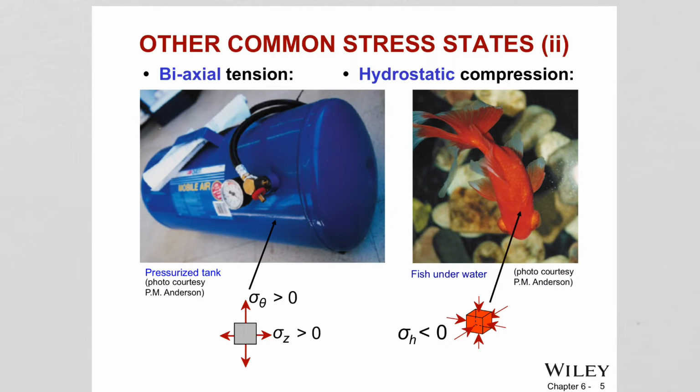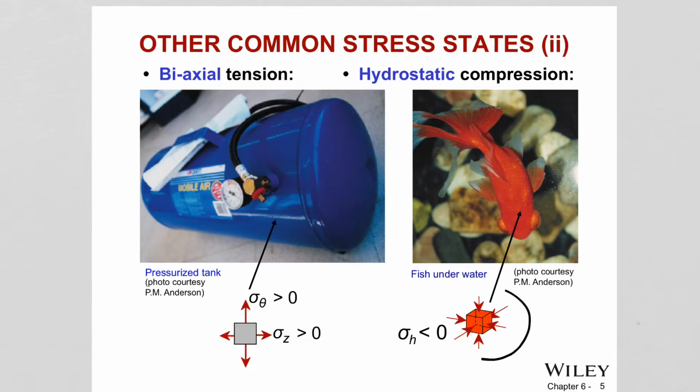Pressure tanks are exposed to basically biaxial tension. Basically, tension happens in two transverse directions. And when we look at the pressure, it is pressed in every direction, right? So we call that hydrostatic compression.